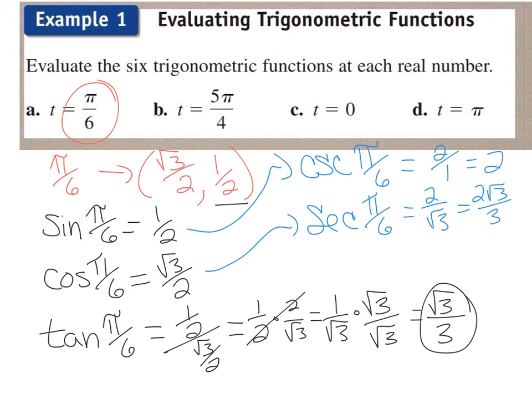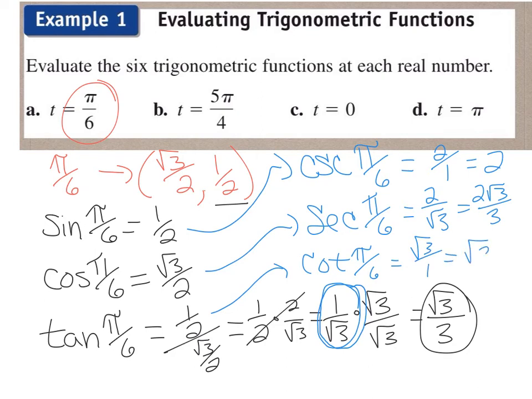And then lastly, we get the cotangent, which, as it sounds, is the reciprocal of tangent. And so that value there is going to be the reciprocal of what we got. I like to think about it as that original value we got. So the reciprocal of 1 over the square root of 3 is just the square root of 3 over 1, or the square root of 3.